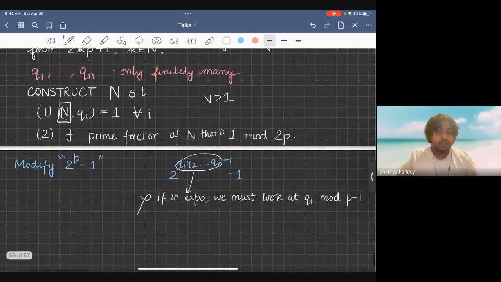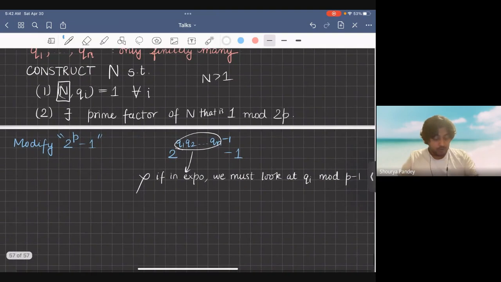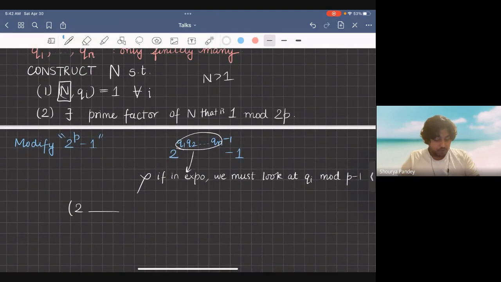So try to put these in, not in the exponent, but alongside 2. So maybe modify 2 and make it something. Change 2 to something else. So let's keep the p the same. So I'm trying to look at this, where this is something which is different from 2. So what can I put here?